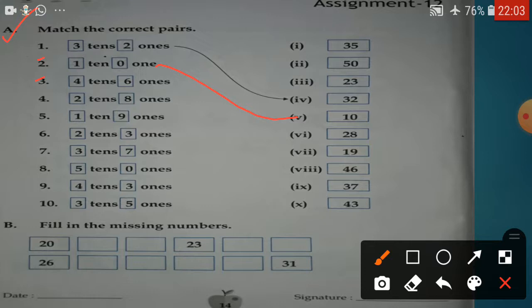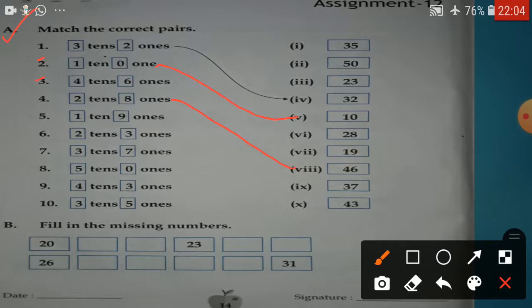Number 3, 4 tens 6 ones. 4 tens, 6 ones is 46.